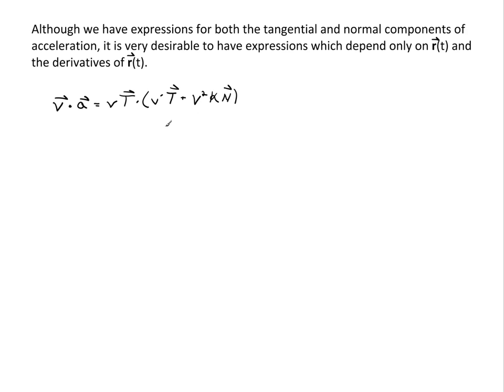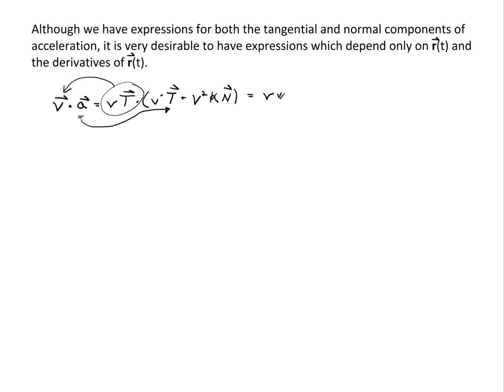Now, where did that all come from? Well, velocity we said we could represent as the magnitude of velocity times the unit tangent vector. So this right here is nothing more than my velocity vector. And earlier we said the acceleration can be expressed in terms of the tangential and the normal components, and that's exactly what I did. So I just rewrote this dot product using these representations for both the velocity vector and the acceleration vector.